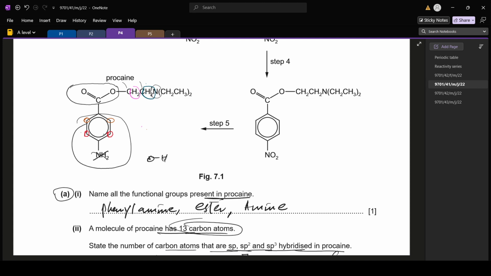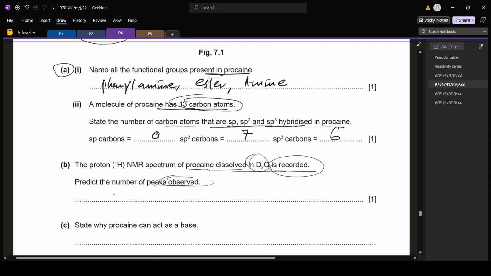So there you have 4 environments, and these two hydrogens also have a different environment from each other. This hydrogen has a different environment, and this hydrogen also has a different environment. So in total you have 6 different environments. So how many peaks will you get? 6 peaks.